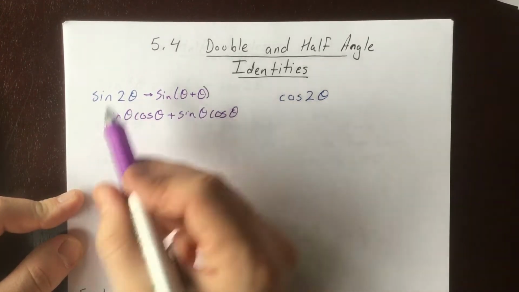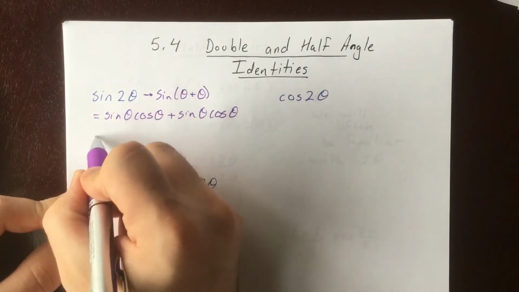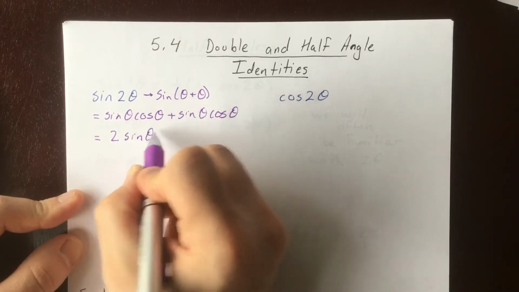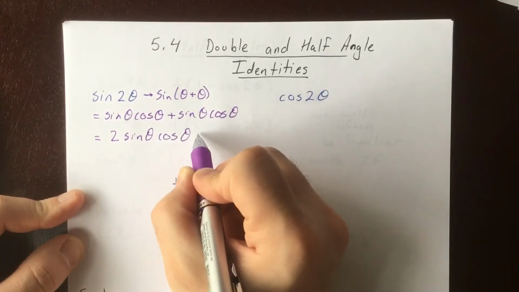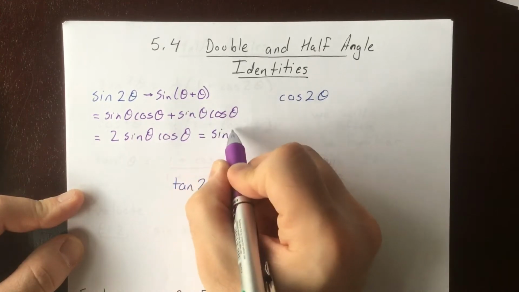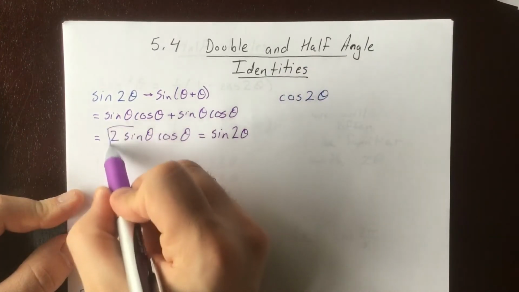These are all the same angles, so we have 2 sine theta cosine theta as our identity for sine of 2 theta. So the double angle identity for sine we have right here.